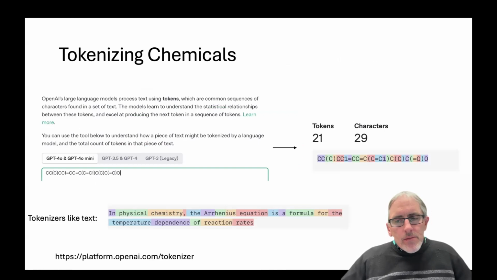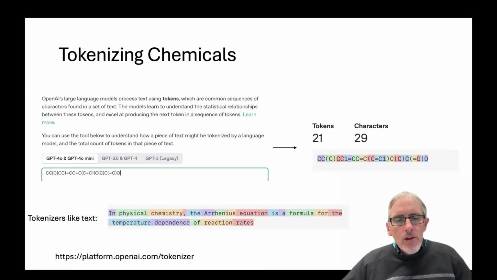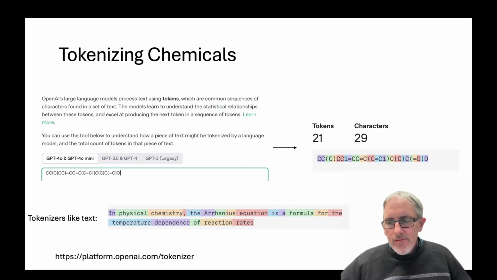One of the problems comes from how language is tokenized, and these tokenizers for many of the open models and even the closed models can be found. So for example, at this URL, you can look at how OpenAI's tokenizer works, and you can see that it works very well with language. So a sentence in English text is tokenized very readily.